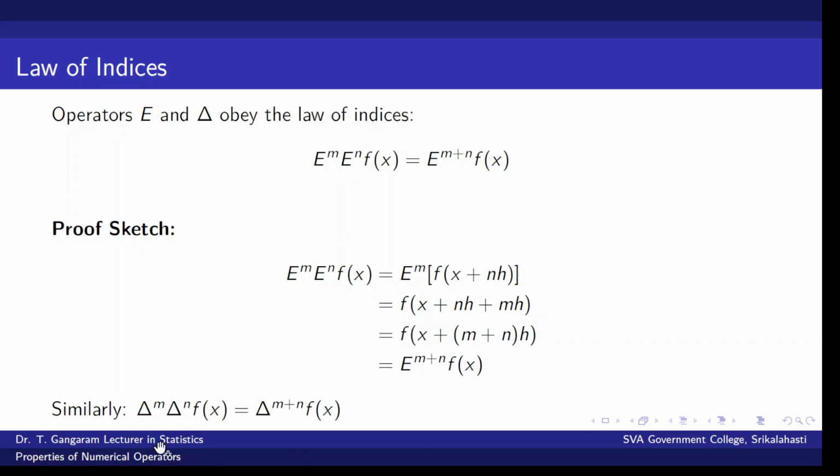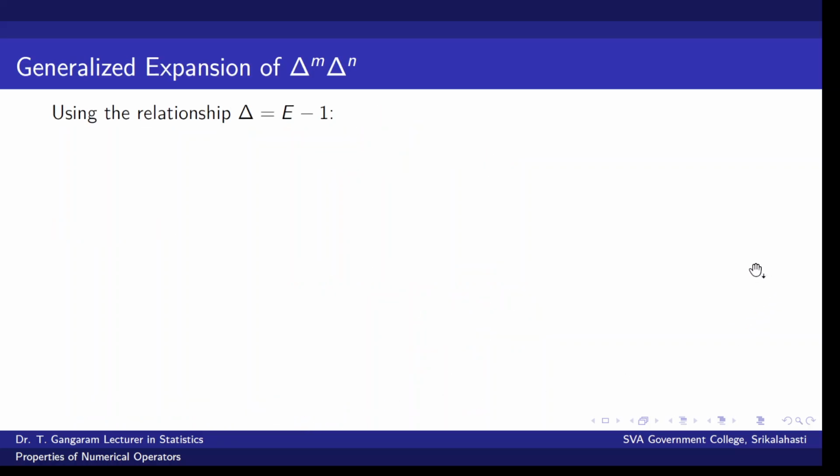Similarly, we can show delta power m into delta power n f of x is equal to delta power m plus n f of x. Now, the generalized expansion of delta power m into delta power n.